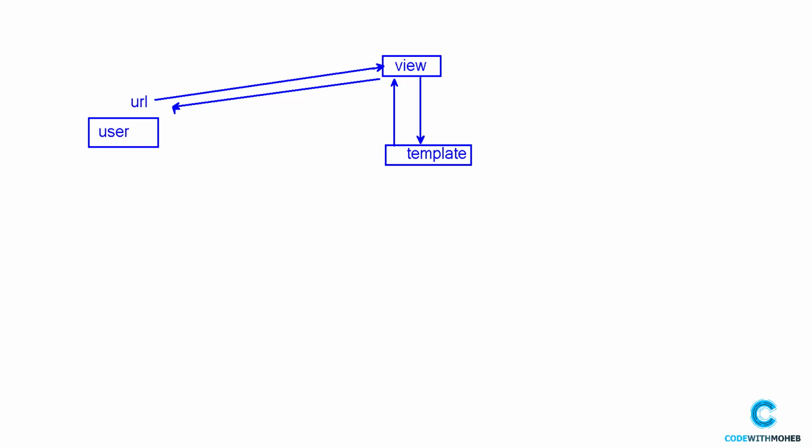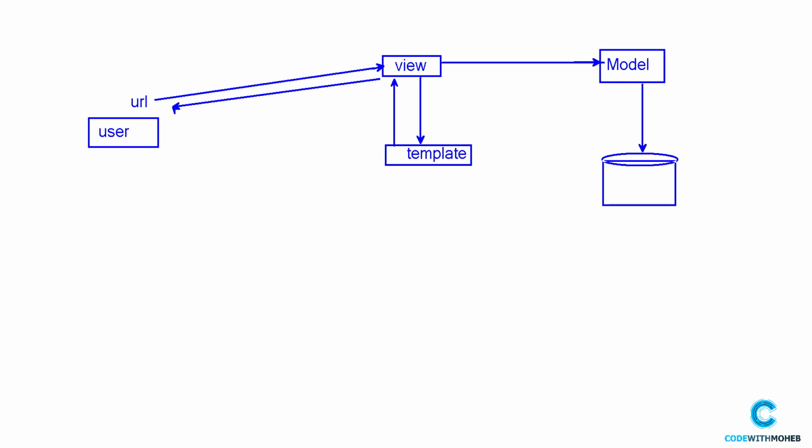Or there might be cases where the user asks for a certain type of data that will be retrieved from the database. In that case, the request will come to the view, and from the view the request will go to another part, that is the model, and the model will take the data from our database. Here is our database, so all data is stored here.